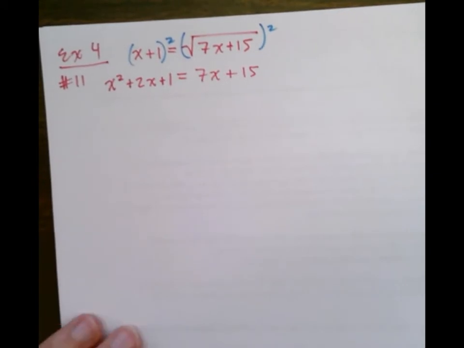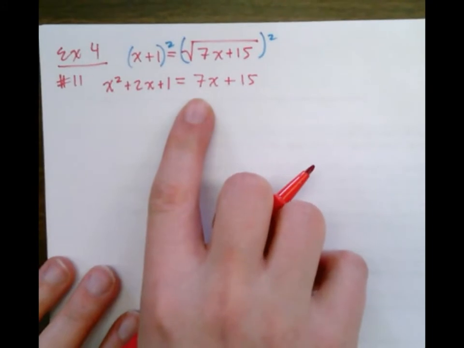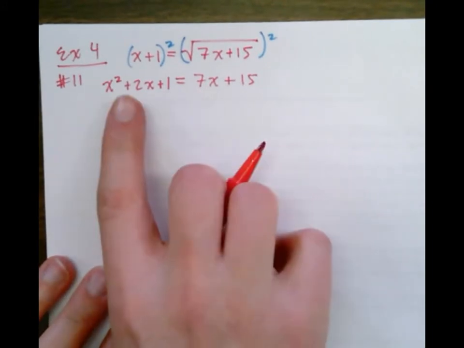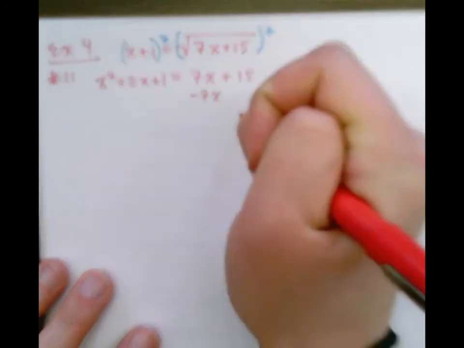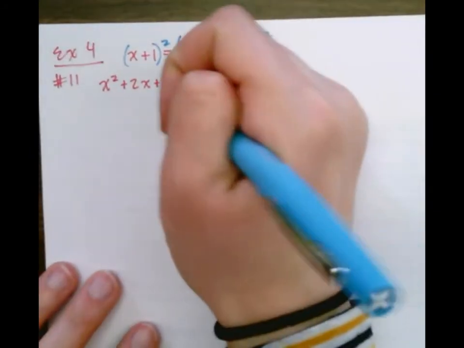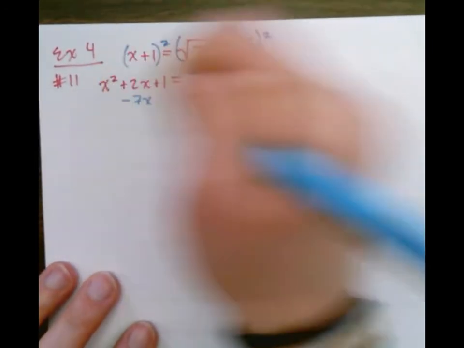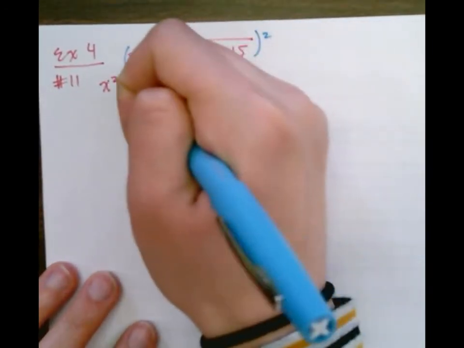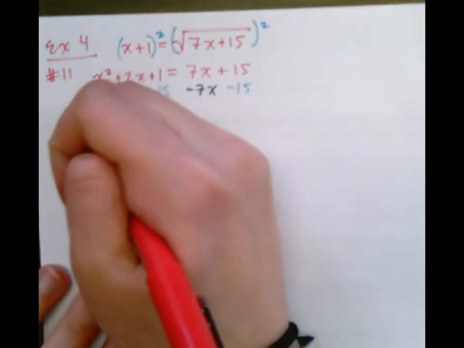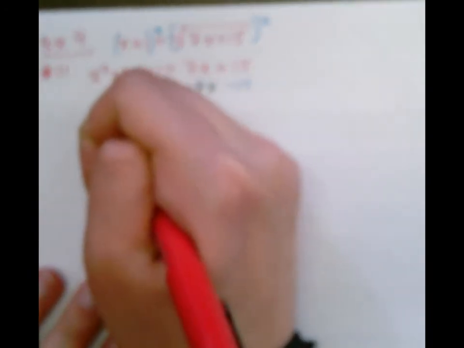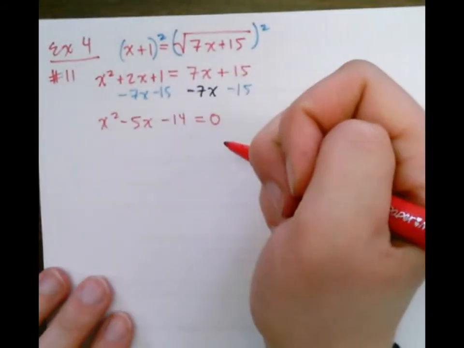So if I'm going to solve it by factoring, which is my usual go-to first try, since a is 1, first I need to get it equal to 0. So I'm going to subtract 7x from both sides, and I'm also going to subtract 15 from both sides, in one step to save myself a little bit of time. So I'm going to get x² - 5x - 14 is equal to 0.